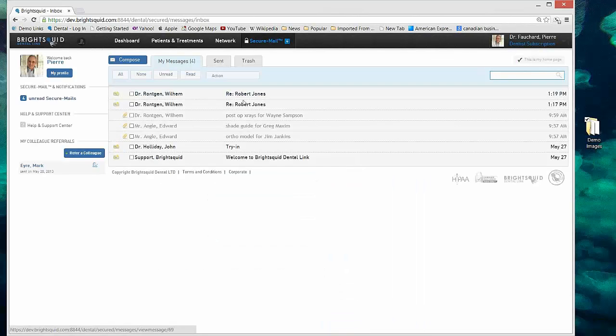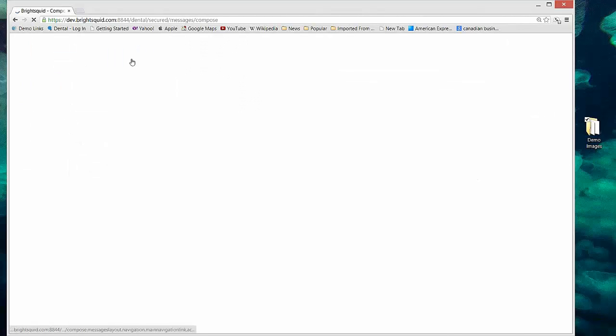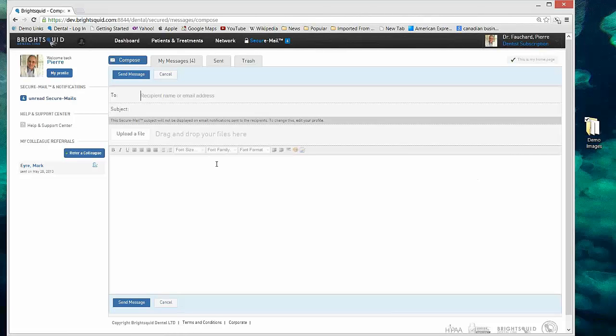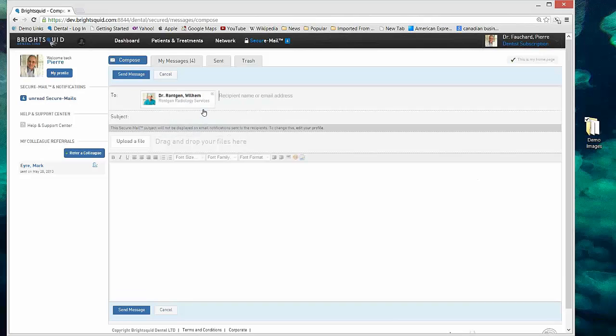And you can see that there's various things about patients. There's various different messages here in the secure mail. What I'm going to do now is simply compose a new message just to get everybody to understand how simple it is. So in this case, I want to send my email to Dr. Wilhelm Röntgen because he's the radiologist that I like to use.